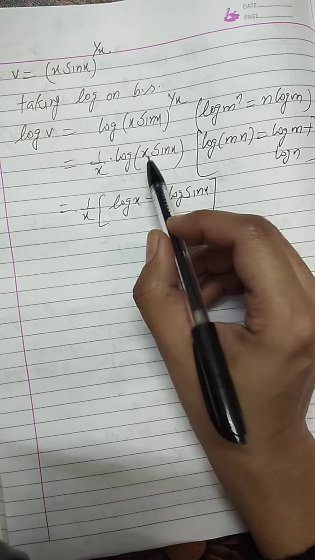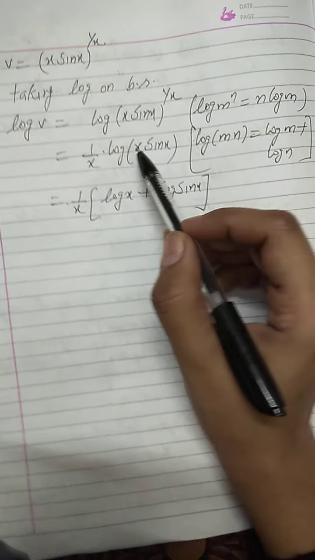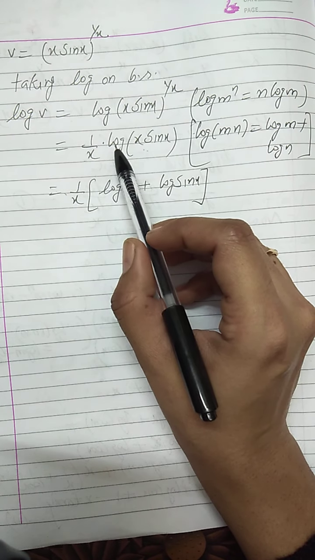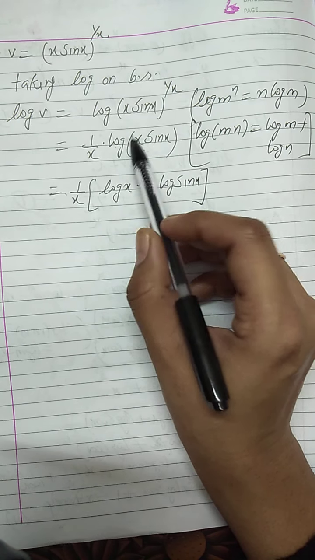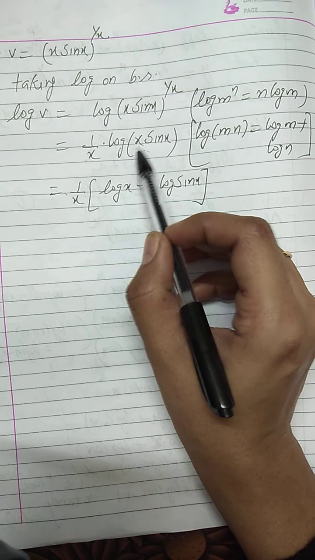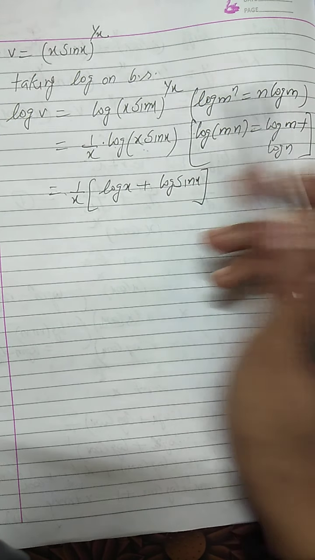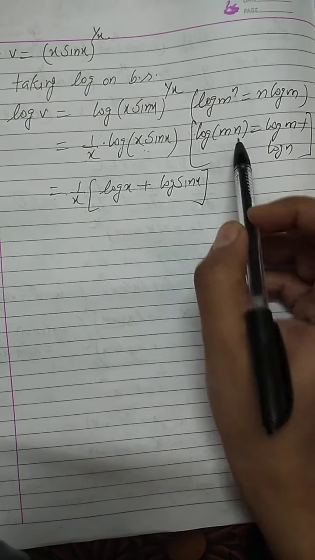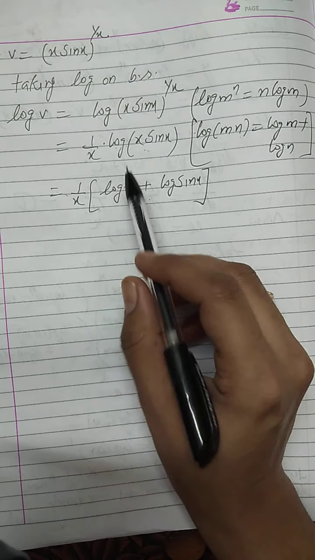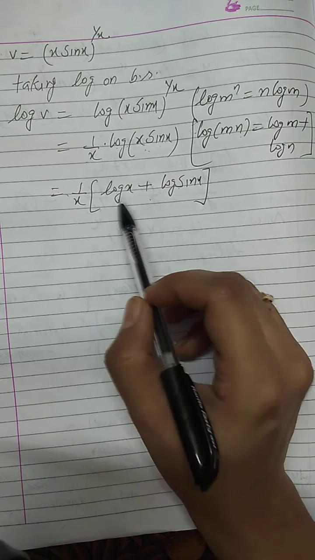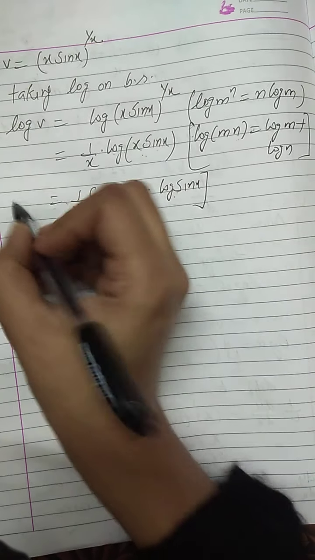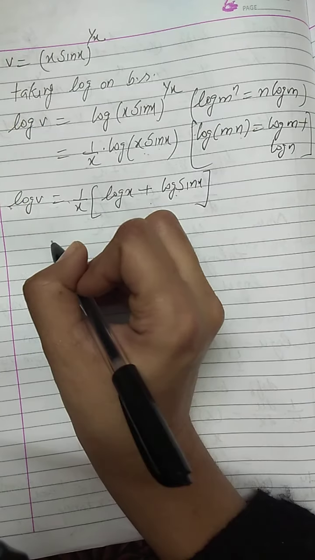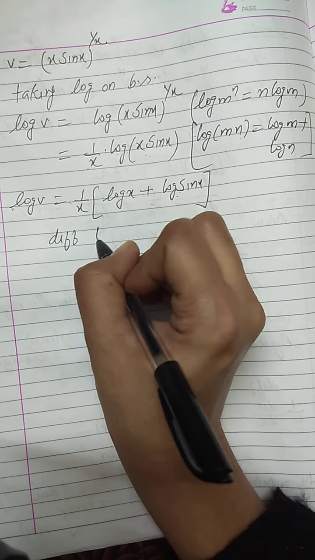If you don't want to apply log mn, then also it is okay. You will differentiate it as such by applying the product rule, and when you apply it, log of x sin x will go to the denominator, then derivative of x sin x, and there you will apply the product rule. So better I apply the log mn rule here, and from the product of two terms I am just getting the sum of two terms, right?